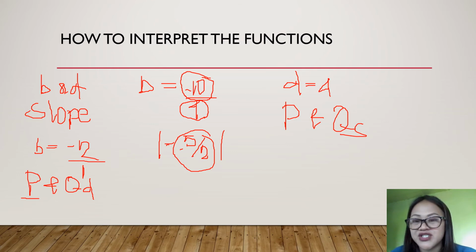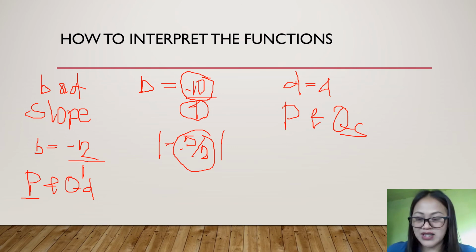What is the change in the quantity? It is positive. That means if the price is increasing by 1 peso, quantity is increasing by 4 units. If the price is decreasing by 1 peso, quantity supply is decreasing by 4 units. So that is the relationship between the price and the quantity supply. Okay? So, ganun po ang interpretation.